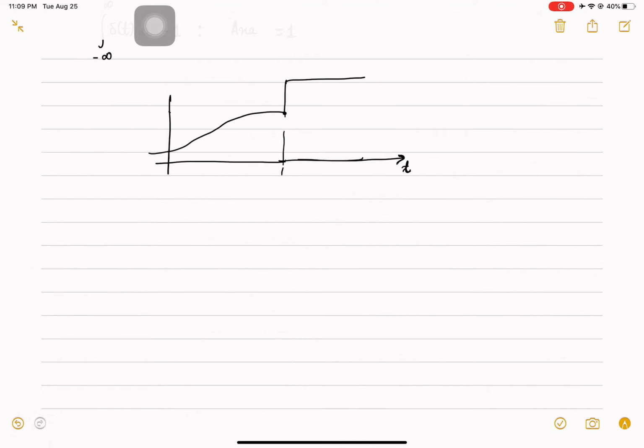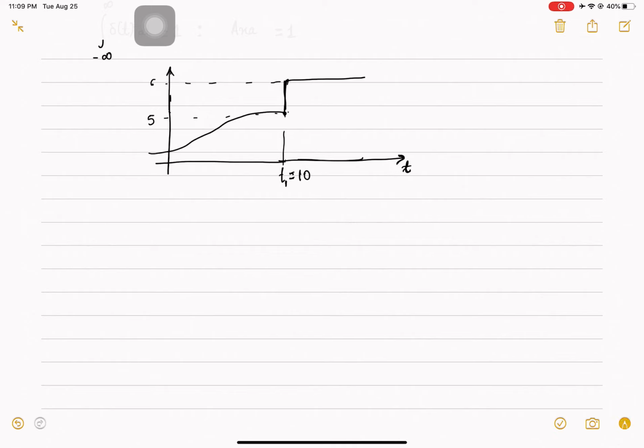Let this value be equal to 5, and let this value be equal to 6, and this value of time, let's call it t1, is equal to, let's say, 10 units. Whatever the unit of time may be. So let's say x of t1 equal to 10.